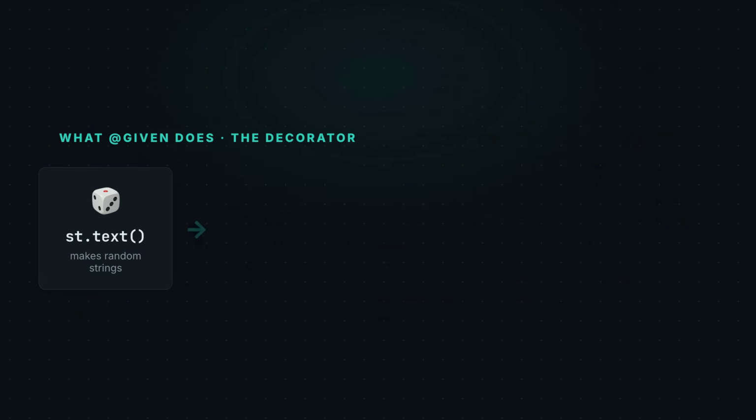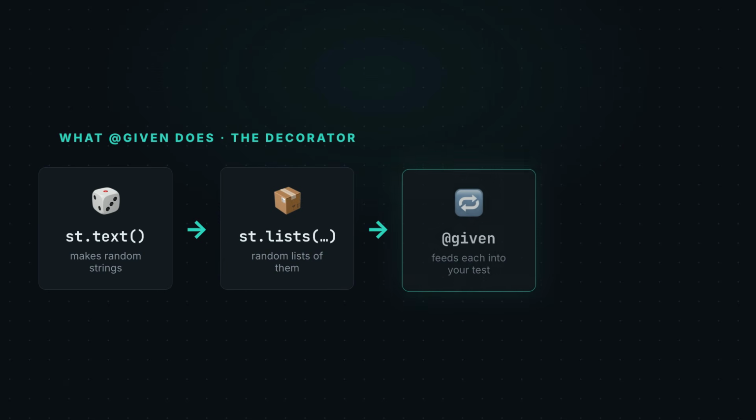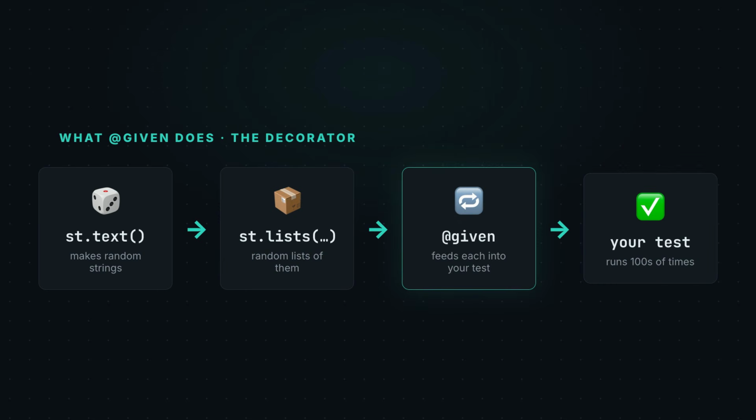Now the tool that flips all this, a library called Hypothesis and its main piece, given. Follow the flow left to right, because this is the part people trip on. On the far left, a strategy. Text, a recipe that makes random strings. Wrap it in lists, and now you've got a recipe for random lists of strings. Then, given.